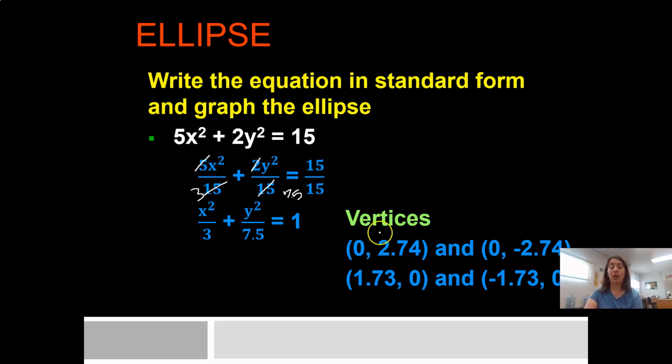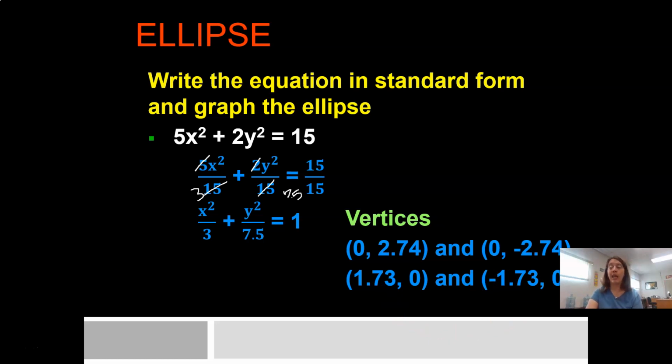Notice the x's here are 0 because I'm not going to the left or to the right at all. The number that was associated with the x was the number 3. Well, what do I square to get a 3? Again, I don't know. So I'm going to put it on my calculator. The square root of 3 gave me 1.73. So in the x direction, we're going to move right 1.73 and left 1.73.